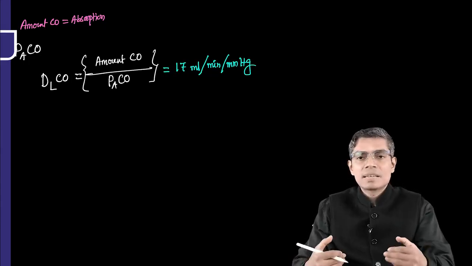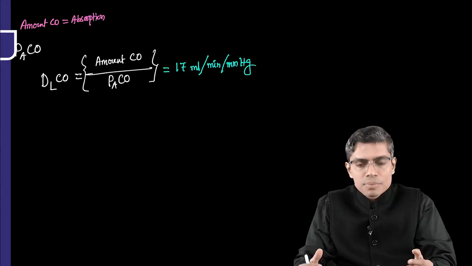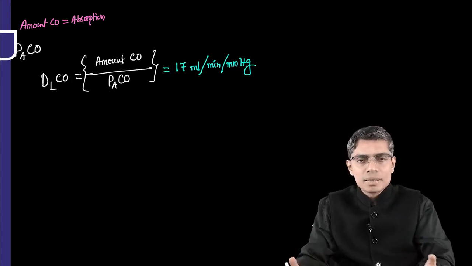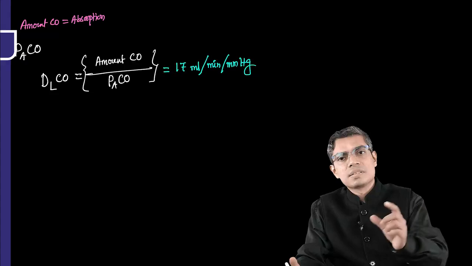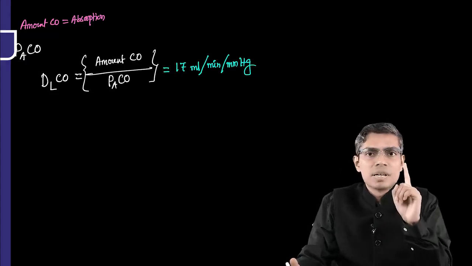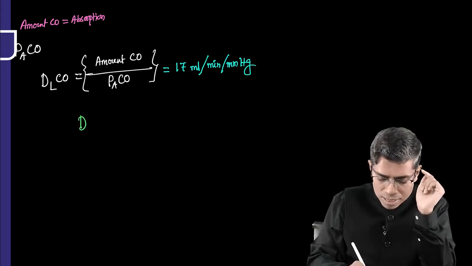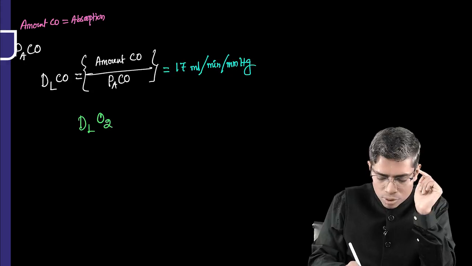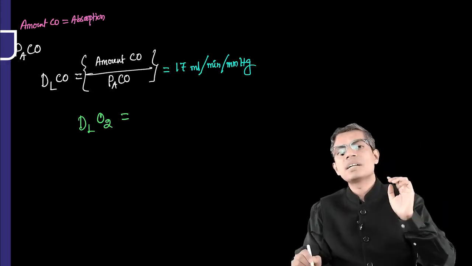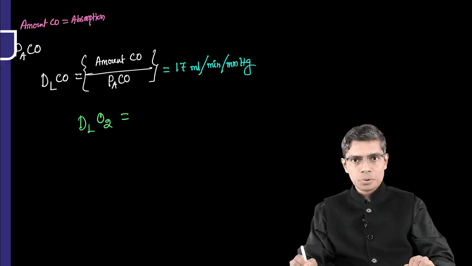In 1 minute, 17 ml of carbon monoxide will be absorbed from the lung into the blood if the partial pressure difference is maintained at 1 millimeter of mercury. Now I have to calculate the oxygen diffusion capacity, DLO2, at the level of the lung.